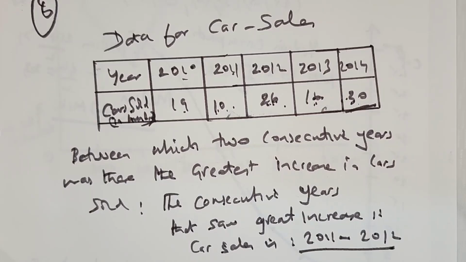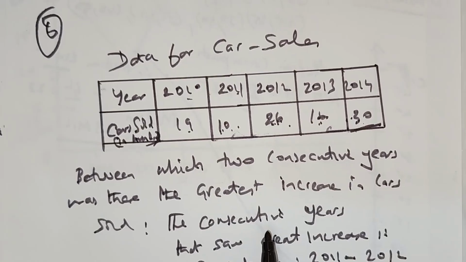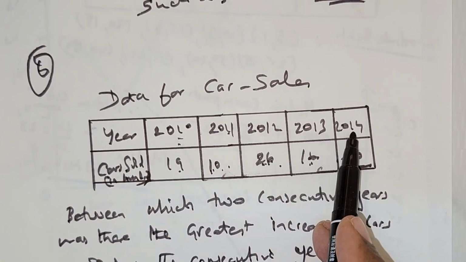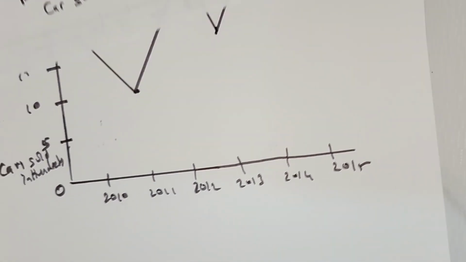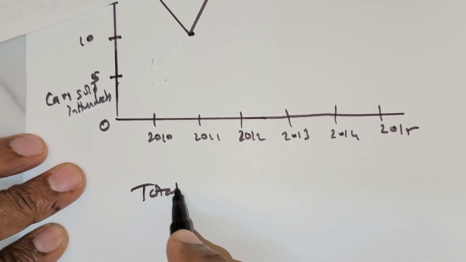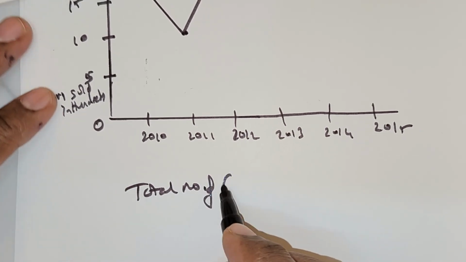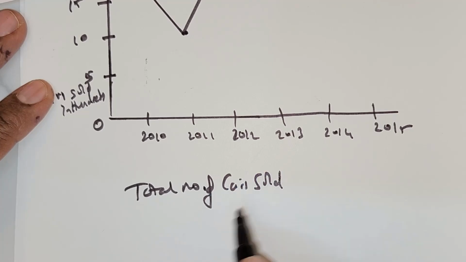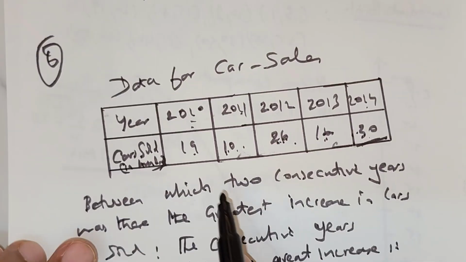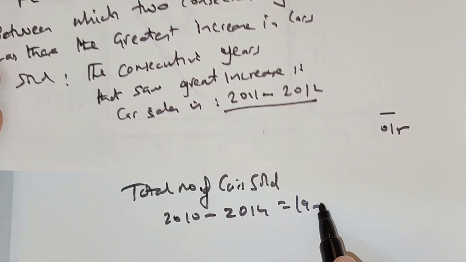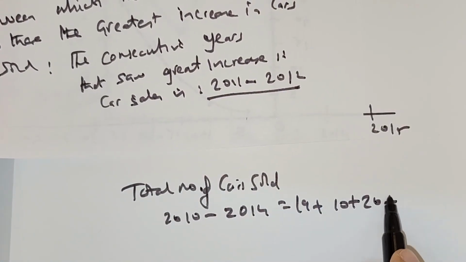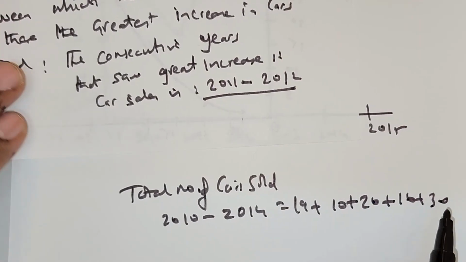Now we are asked to find the total number of cars sold in the 5-year period between 2010 and 2014. So they want the total. So what do you have to do? Add up all of these: 19, 10, 26, 16 and 30.